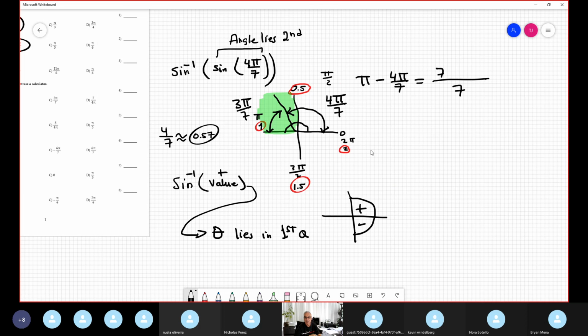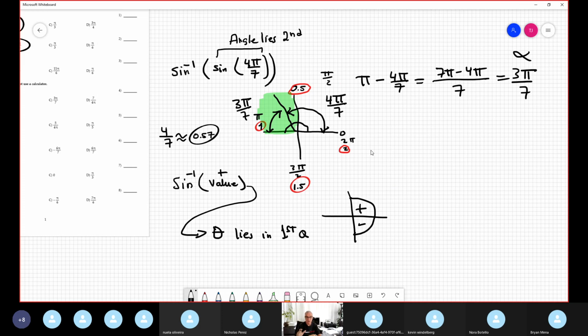This is 7 pi minus 4 pi, which is 3 pi over 7. And this is like alpha. Alpha, remember, is the reference angle. The reference angle is an angle that lies always in the first quadrant, and the trigonometric function has a value equal to the original angle, but the only difference is the size.